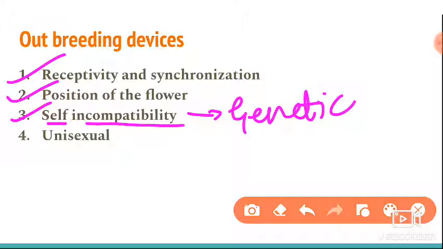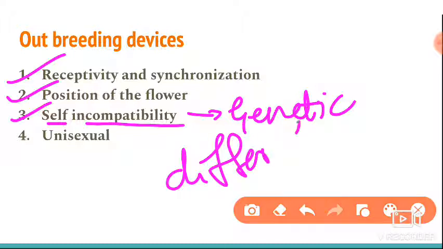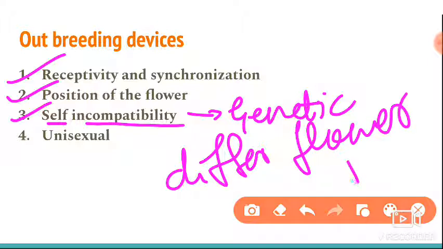What happens in the case of self incompatibility? If the pollen grains are from the same flower, or from a different flower of the same plant, there is no variation because the plant is the same and the genes are also the same. Here, if the pollen grains are from the same flower or a different flower of the same plant, the stigma will not accept the pollen grains.